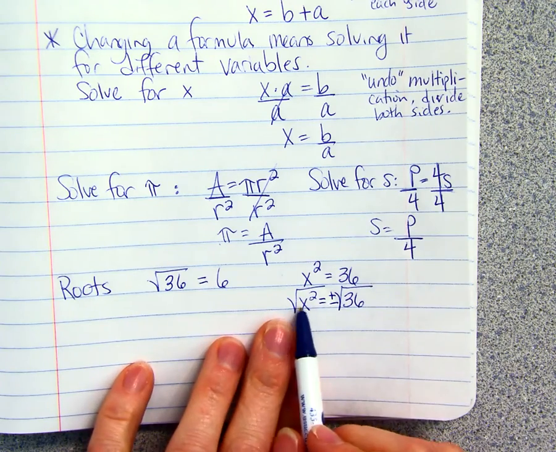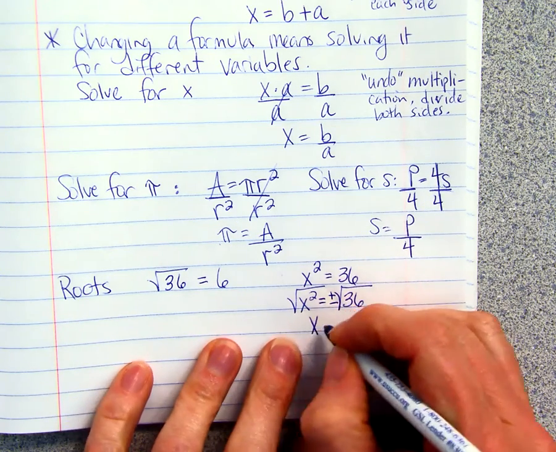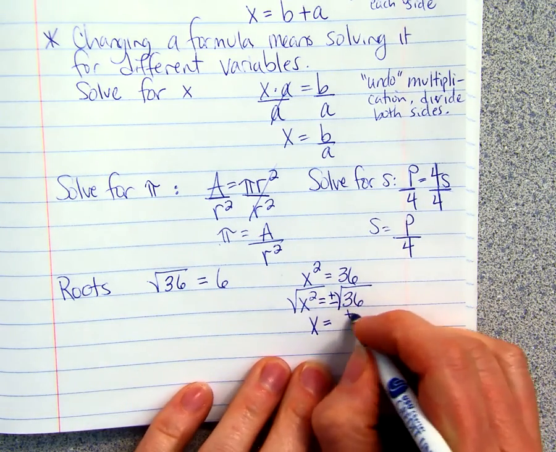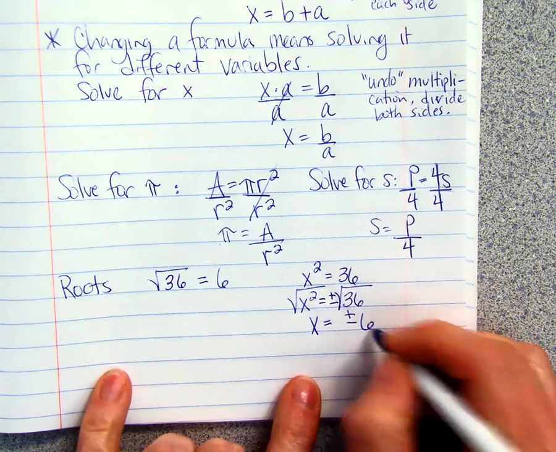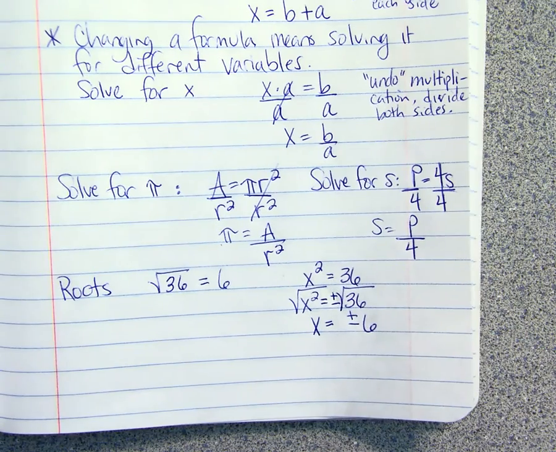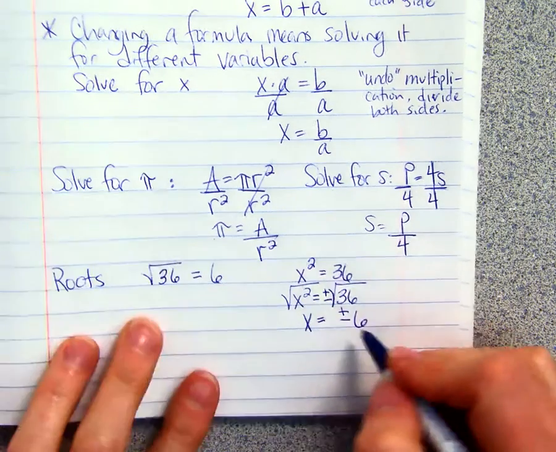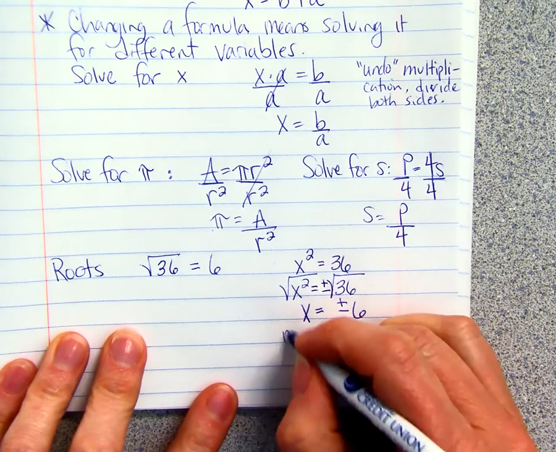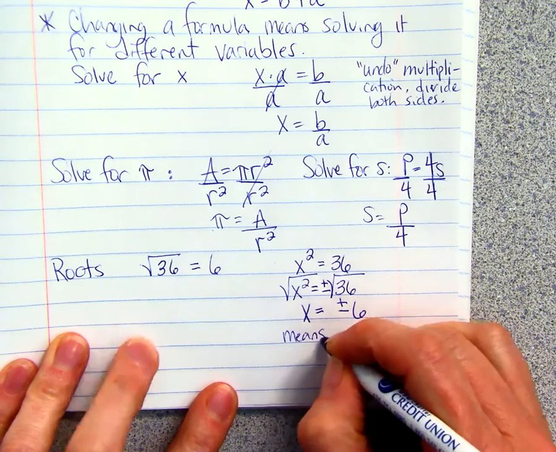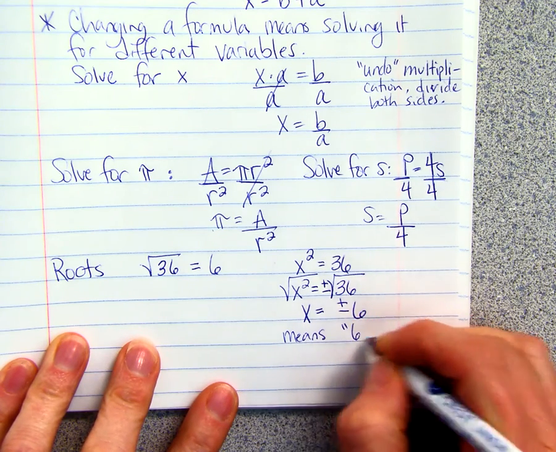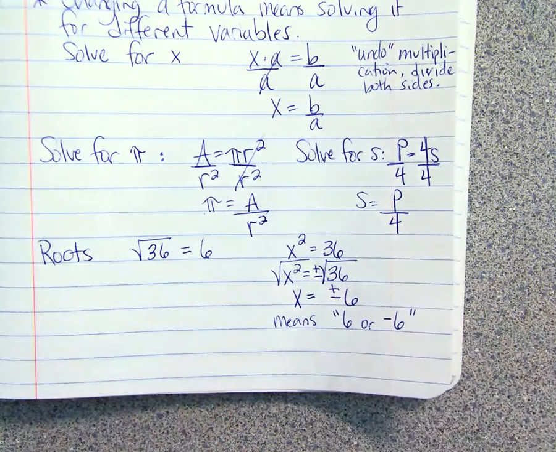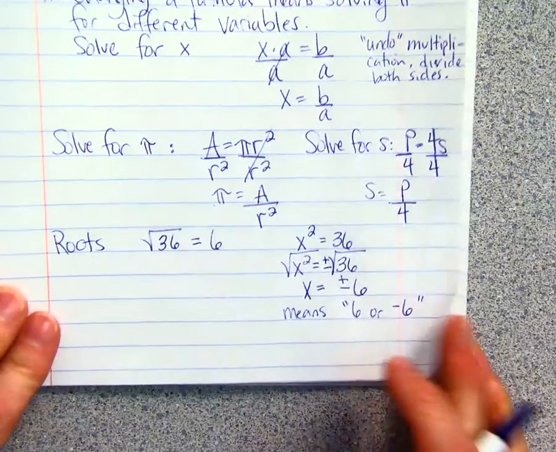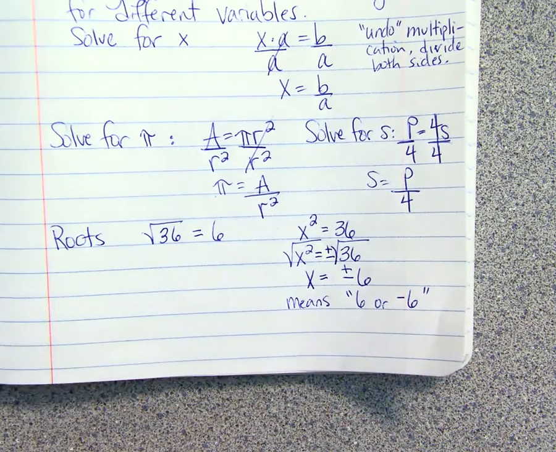So the square root of x squared is just x, equals the positive and negative square root of 36, which we said was 6. So plus or minus 6 just means 6 or negative 6. I always just say plus or minus 6 instead of saying 6 or negative 6. You can use the plus and minus sign.